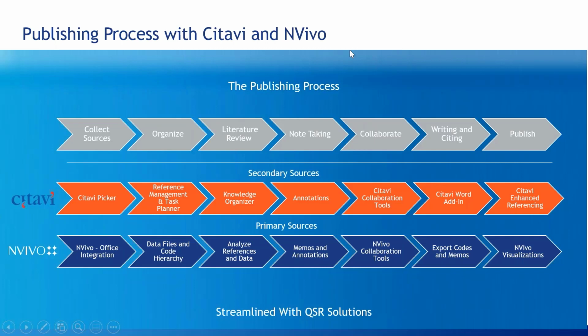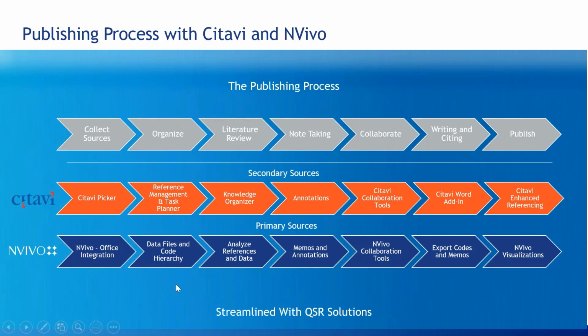Now, just to show how Nvivo and Citavi can help you with your publishing and writing process. Both software can help you collect sources. Citavi has what's called a picker. I'll show you how to use that, where you can get articles from your databases or on the web. They both help you organize: in Citavi's case, your references and your task planner, and then Nvivo will help you with your own data.